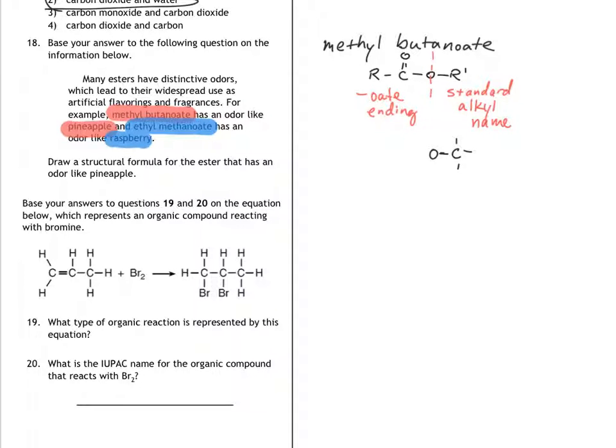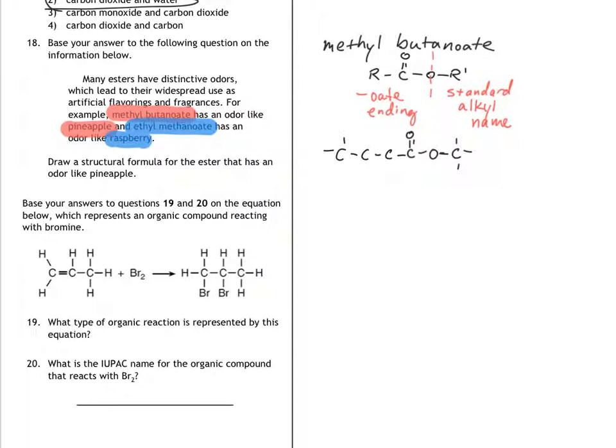So what I've drawn so far is what we would call the methyl, but I need to keep going because we're also going to have a carbon with a double bonded O, and that is going to be the butanoate that you can see in the question right here. So it needs to have a total of 4 carbons, and the oate ending is coming from the double bonded O. So I've already put in 1 carbon, so I need to put in 3 more.